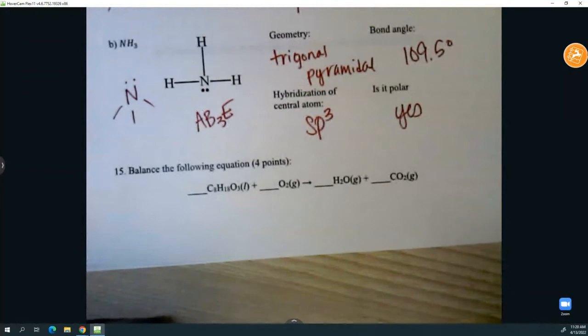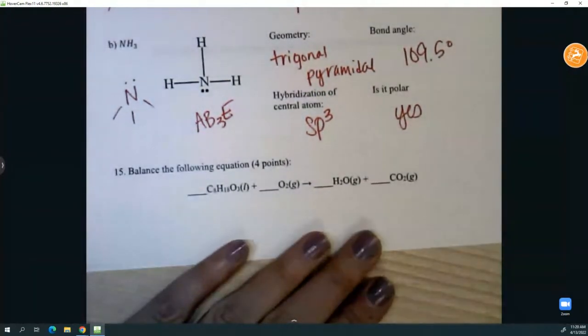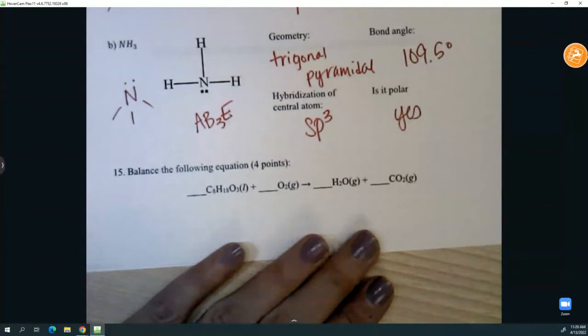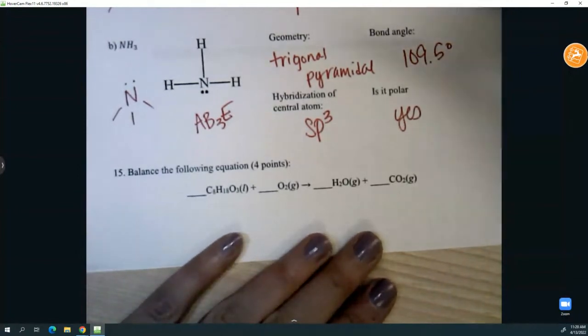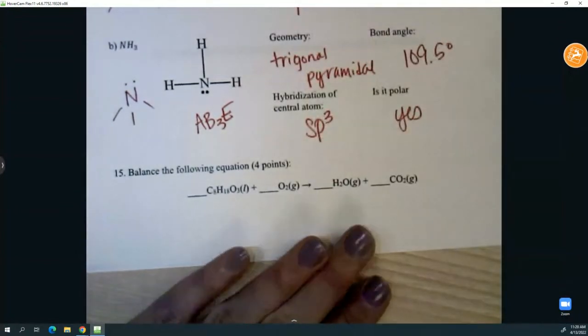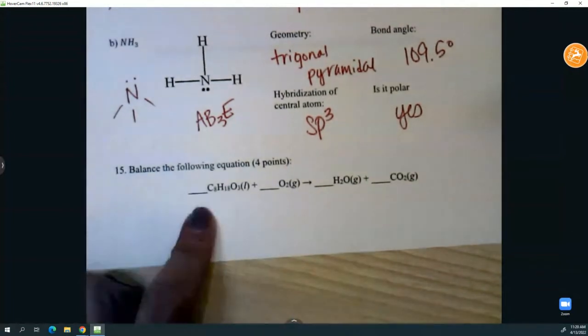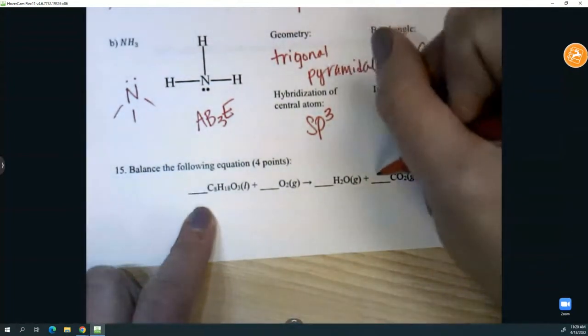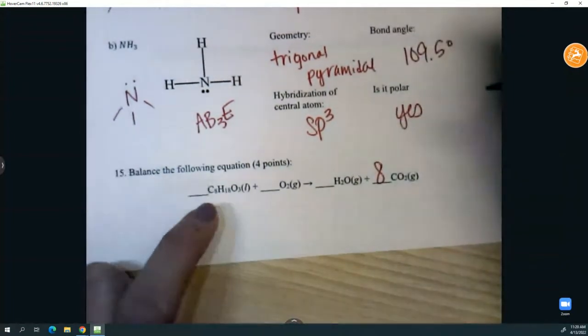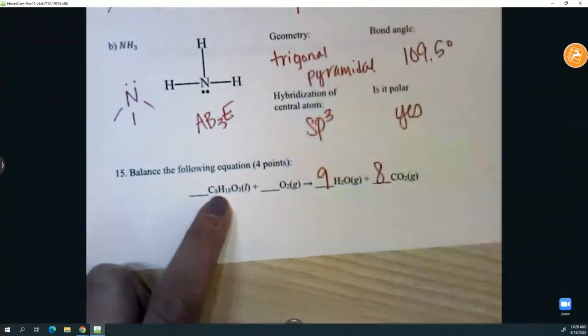All right, balance the following equation. So I'm going to just kind of, I don't know what the strategy is necessarily, but I'm just going to start not with oxygen because there's so much oxygen in all this stuff. It's going to get changed a lot. But I'm going to go with carbon. I need 8. Hydrogen, 9.